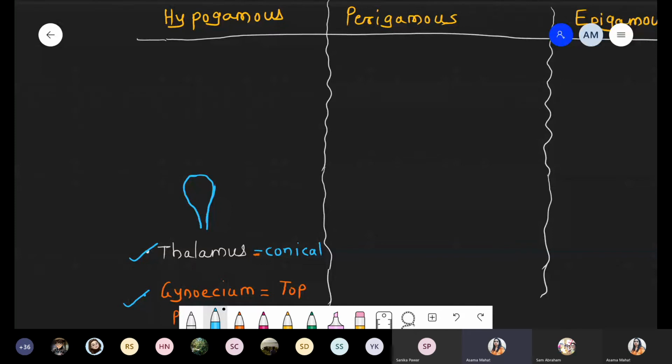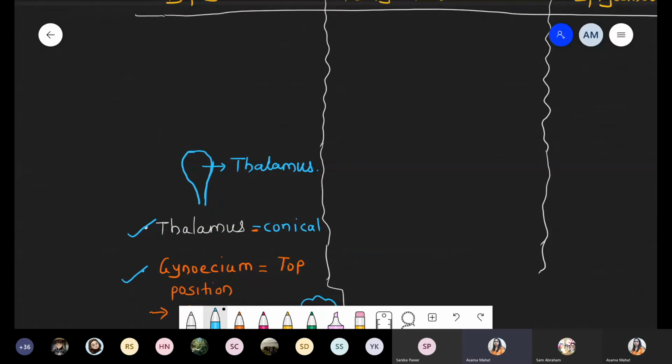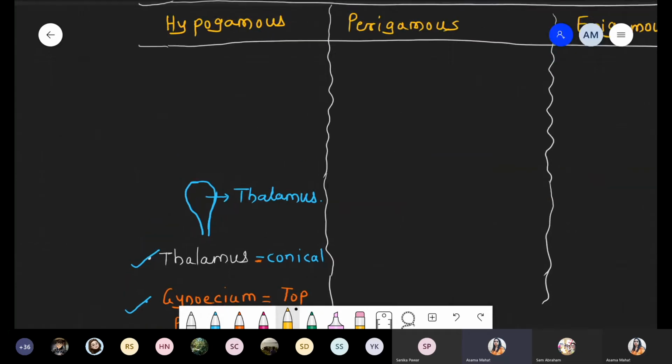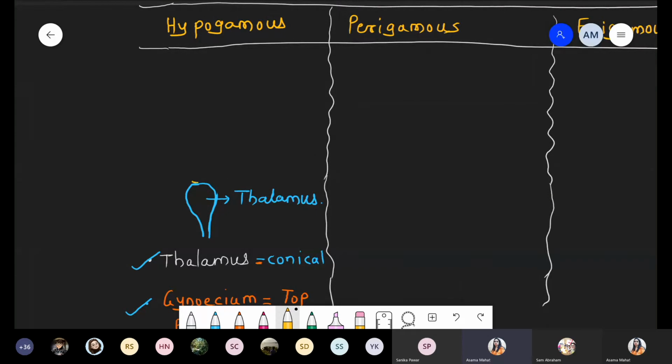Okay, a swollen structure, and that swollen structure is simply called the structure of thalamus. Now just see, thalamus is basically of conical shape. What is the gynoecium? Gynoecium is present on the top position. So now we have to draw the top position gynoecium. See how we draw it. On the thalamus, now there is the presence of gynoecium, this carpel part, pistil part, or simply the complete female reproductive part.